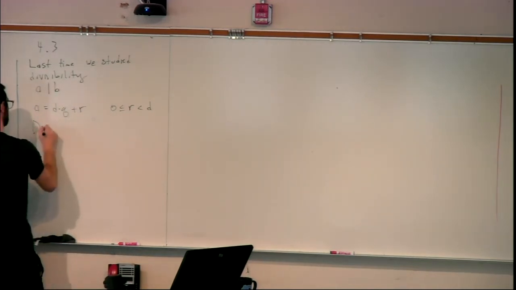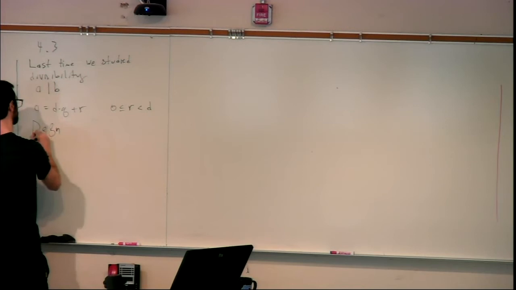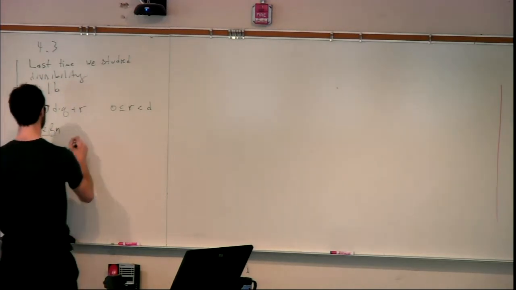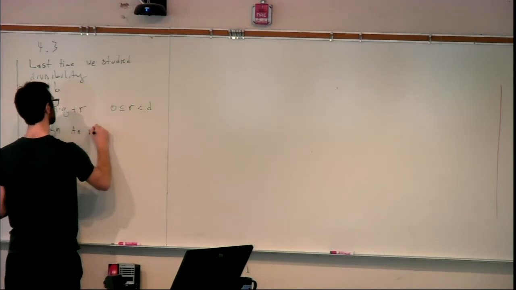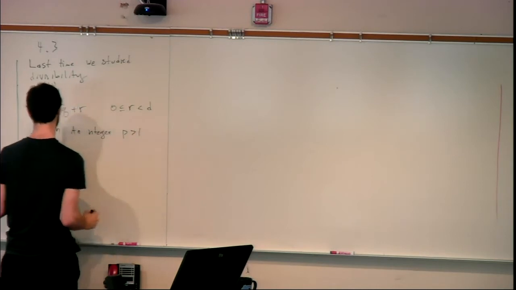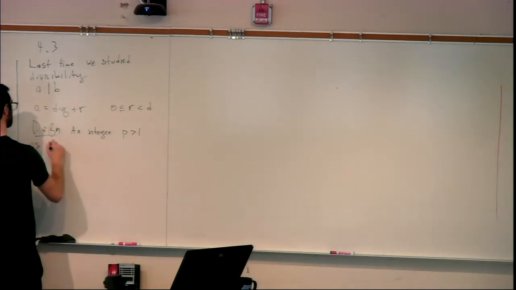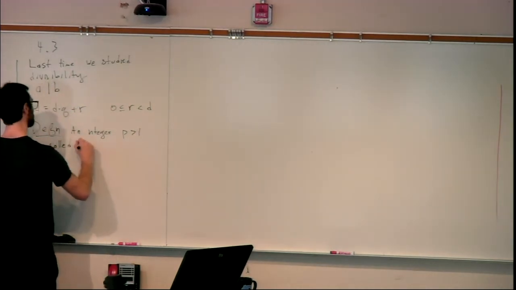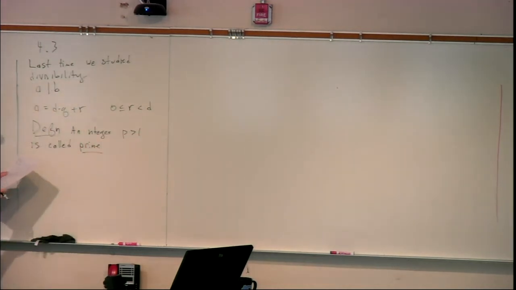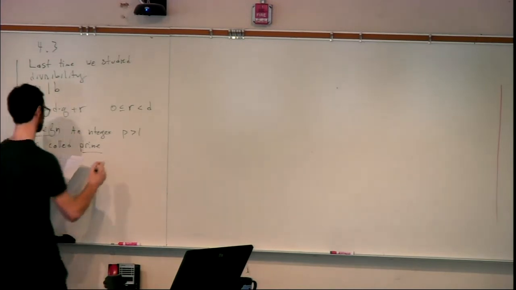So, definition. An integer p greater than 1 is a prime if the only positive factors, the only positive integers that divide p, are 1 and p.